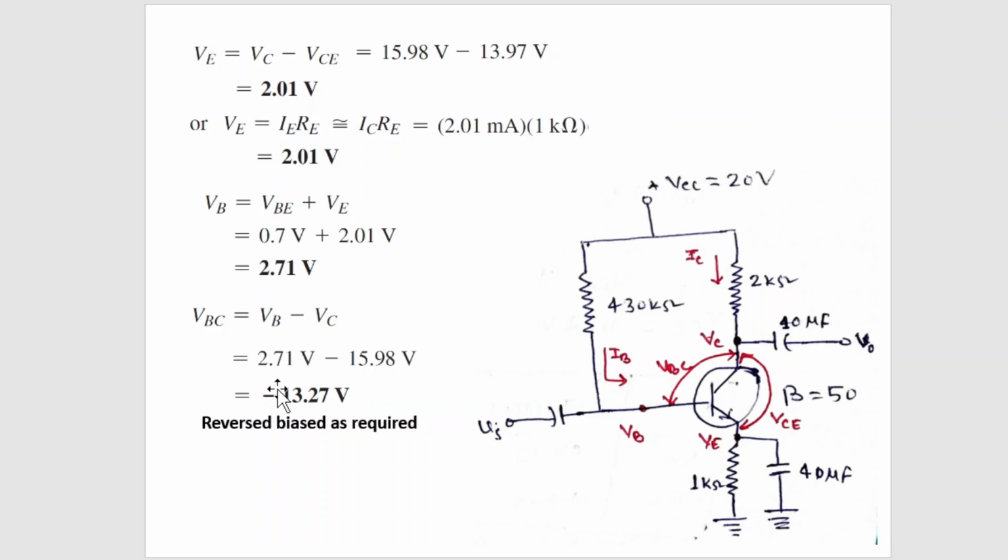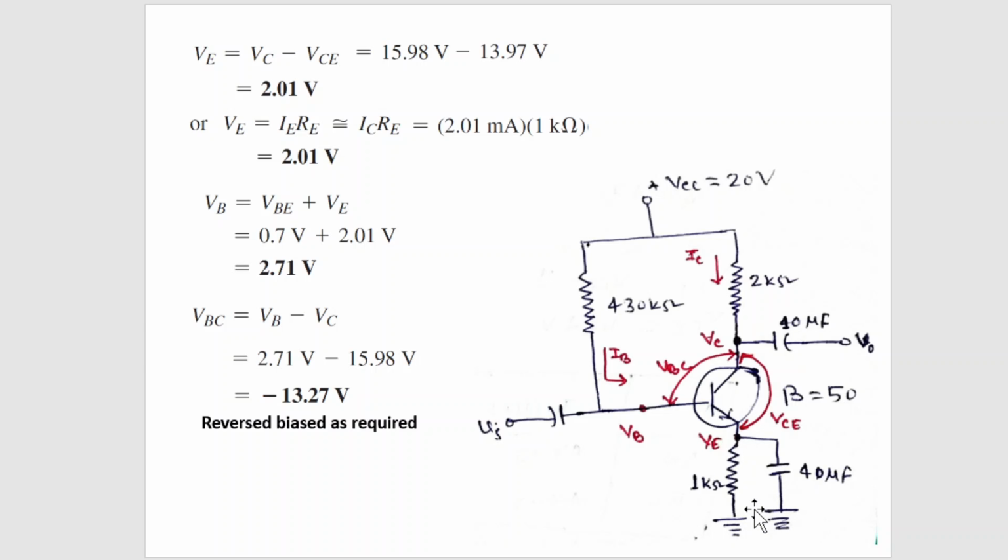This negative voltage reflects that the base collector junction is in reverse bias, and that is what we require in a common emitter transistor. The base collector junction should be reverse biased and the base emitter junction forward biased, and we did that using a single DC power supply and just adding a resistance, and this adding of resistance increases the stability of our transistor.